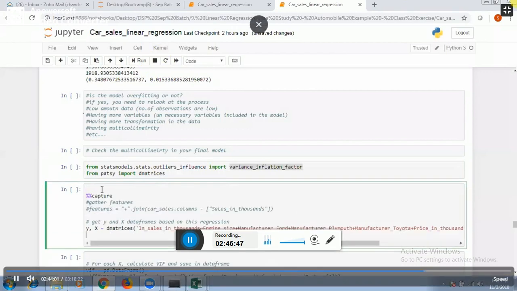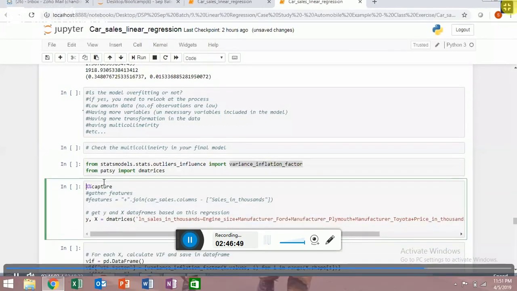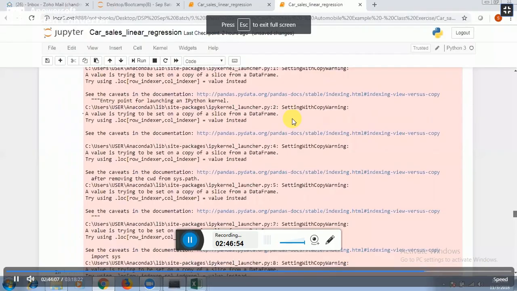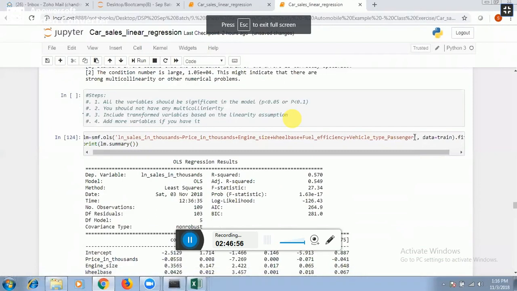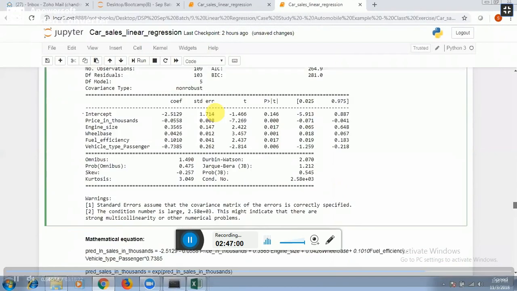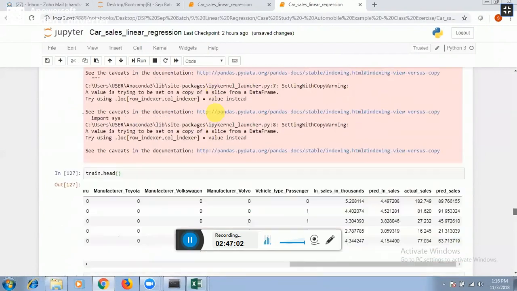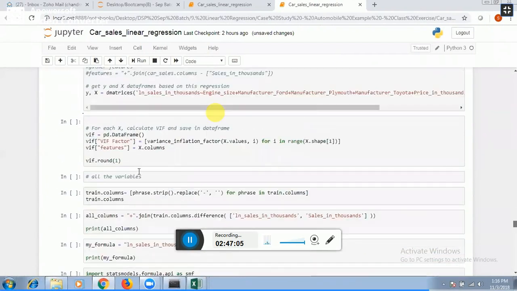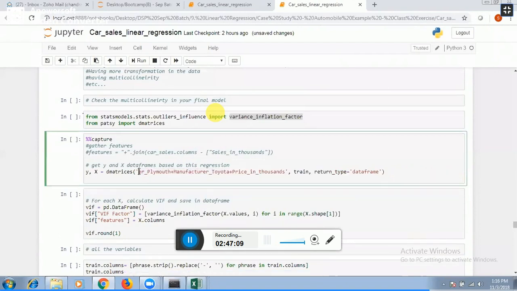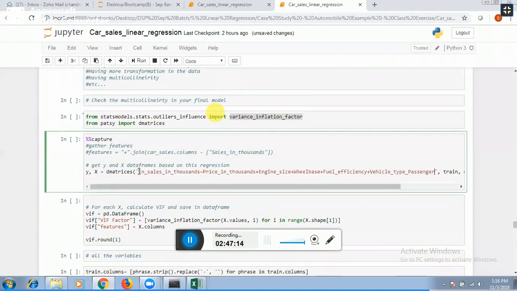For example, what is your final equation? For example, your equation is something like this. This is your equation, right? Now you need to look at this equation. Basically, first you need to extract your y and x using the dmatrices function.